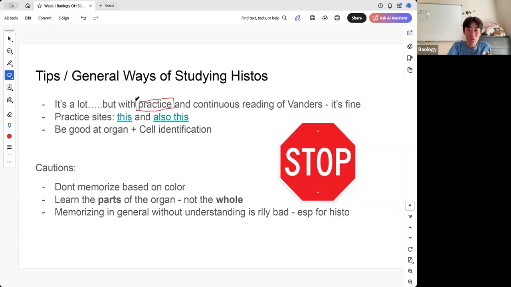Practice. This is true for everything. Practice makes you better. And then reading Vander's. Vander's is one of the top physiology textbooks, equivalent with Fox or Costanzo.